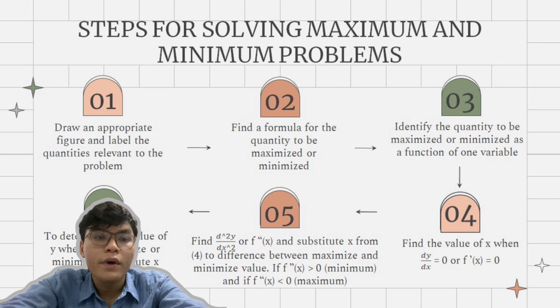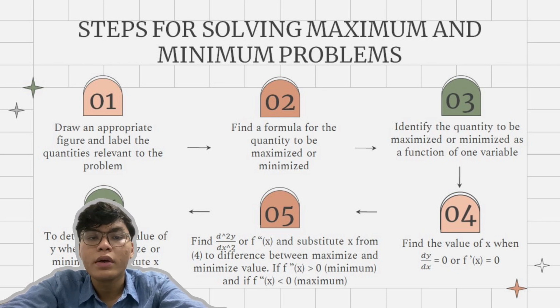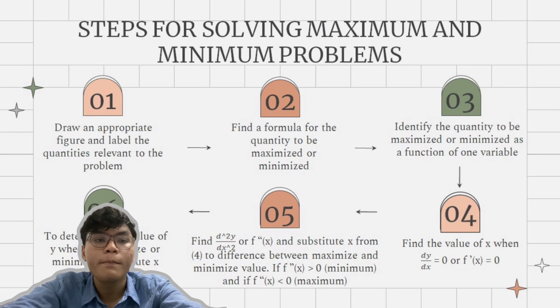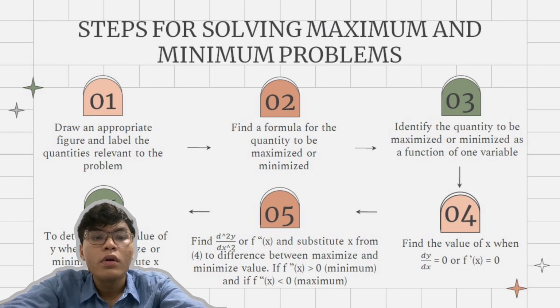After that, find the value of x when dy over dx is equal to 0, or f prime x is equal to 0. Then, find the second derivative, or f double prime x, and substitute x to find the difference between the maximized and minimized value.